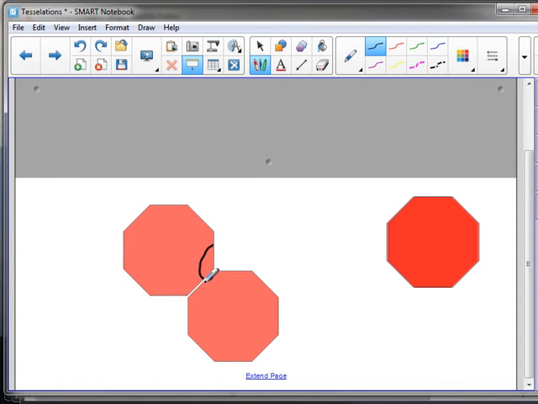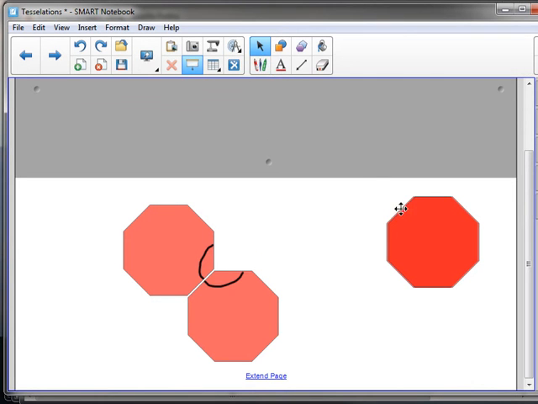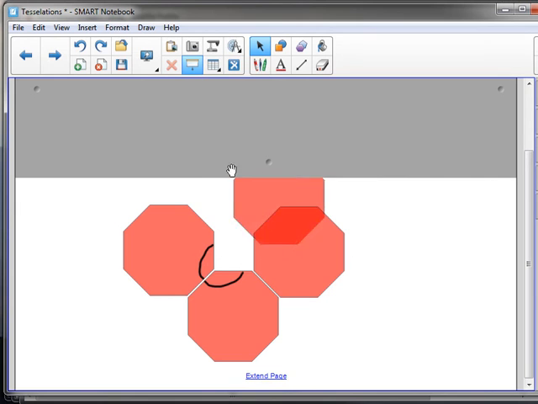But think now, the interior angle is 135, there's another 135, and well, here comes another. It's going to look beautiful, but it won't tessellate all by itself. There's going to be some space. And here comes the other one. Now, I'm not saying it's not a beautiful pattern. What I'm saying is the octagon can't be pushed together at a common vertex. Those interior angles aren't going to work.